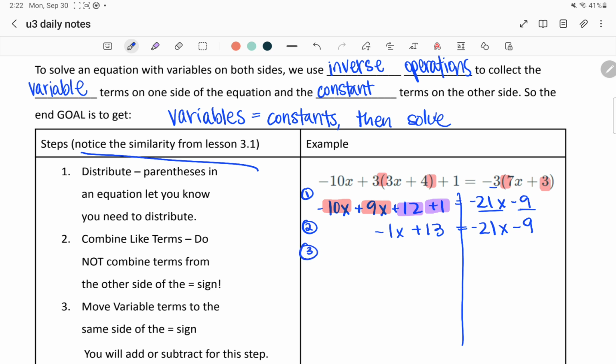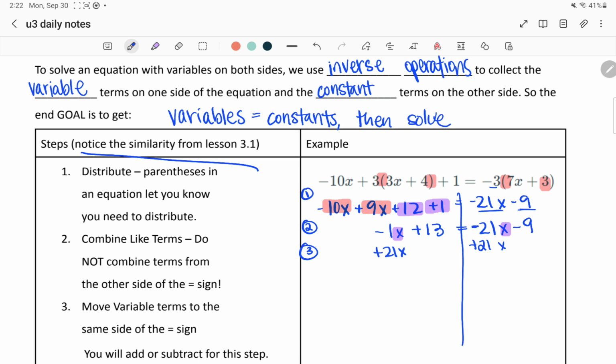Now step 3. Here's where we differ a little bit from 3.1 because we have x's on both sides now. Okay. I need to move the variable terms to the same side. So I'm going to add 21x to both sides.